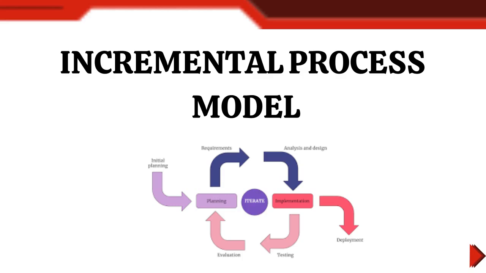Each increment adds new functionality to the existing system until the full software is complete. By the end of this video, you will understand how the incremental model works, its phases, when to use it, and its advantages and disadvantages. So let's dive in.